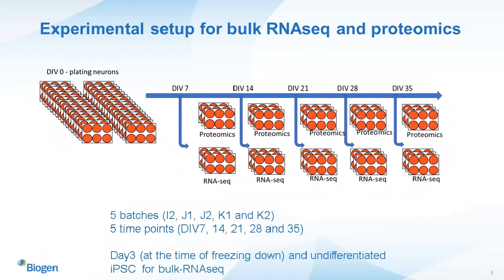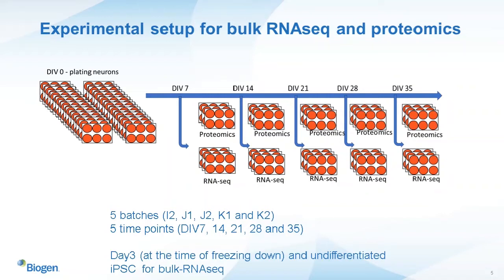As I mentioned in the previous slide, we perform bulk RNA-seq for every batch of NGN2 neurons as a part of batch QC, since we believe that bulk RNA-seq is a relatively easy and unbiased way to evaluate neurons from each batch. To better understand our NGN2 neurons, we performed bulk RNA-seq and proteomics.